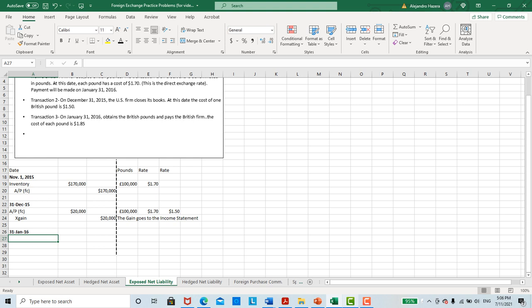So the first thing you have to do is pay. There's going to be a debit to accounts payable. This way to do it, you're going to be writing off the accounts payable. So there's going to be a debit to the accounts payable and a credit to cash, and this is foreign currency. Now you may have the foreign currency on hand, or you may have to go to an exchange broker to get it.